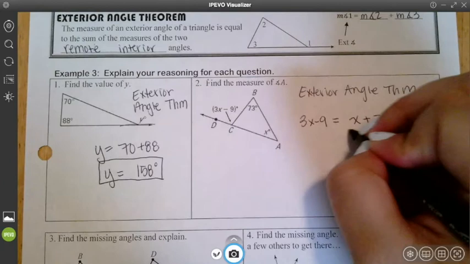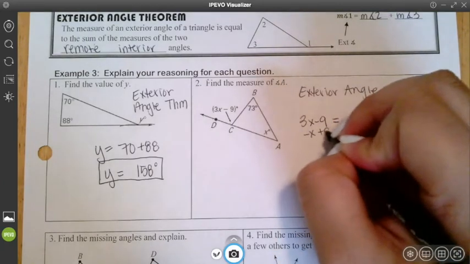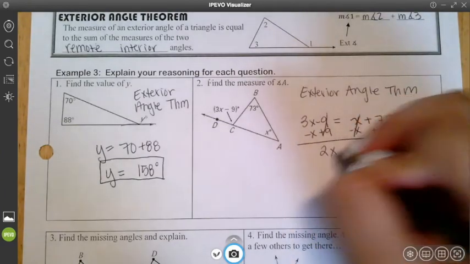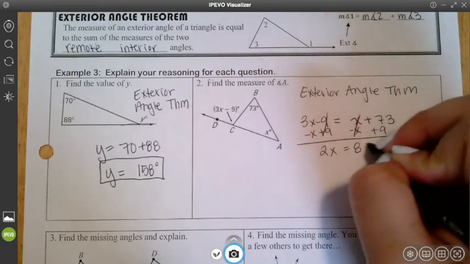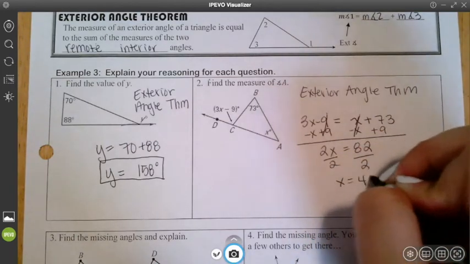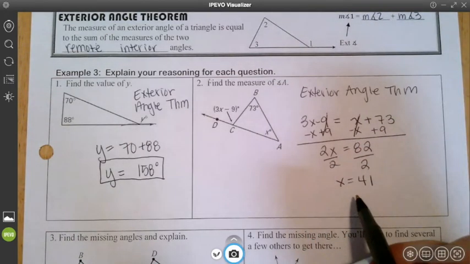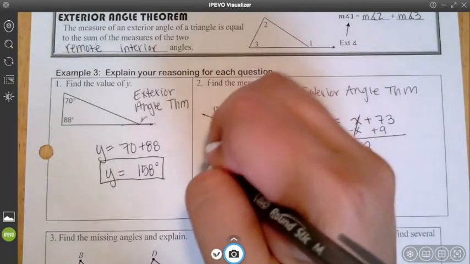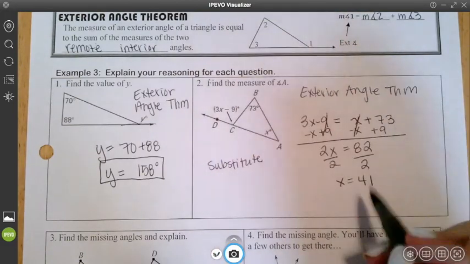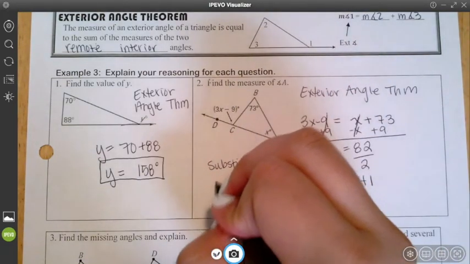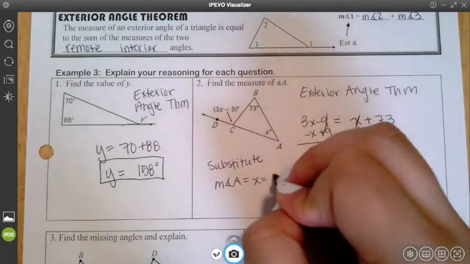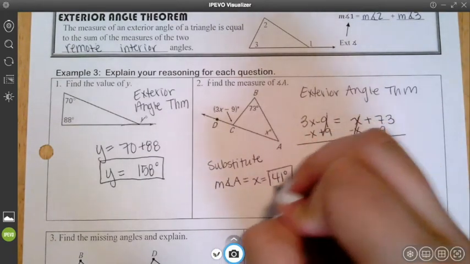Solving for x, minus x, plus 9, 2x equals 82, divided by 2, x equals 41. We didn't want x, we wanted the measure of a, so then we use substitution back into a. Measure of angle A equals x, which equals 41 degrees.